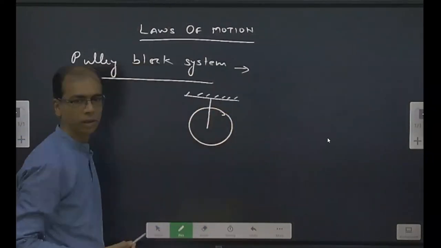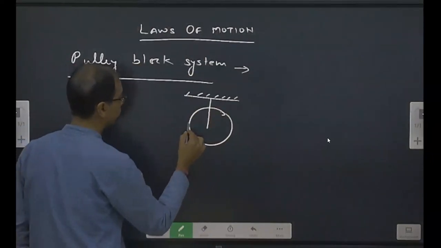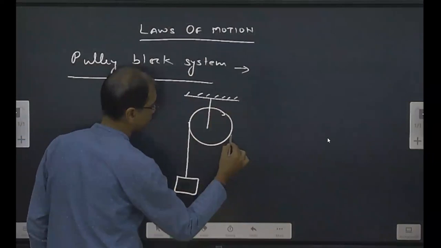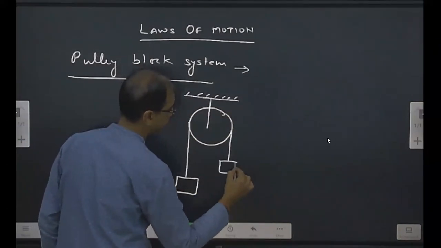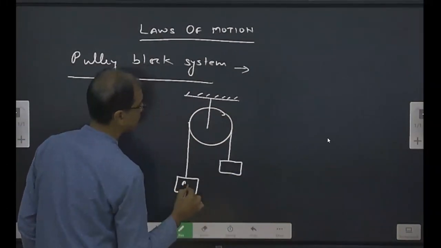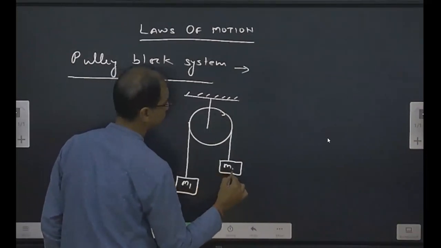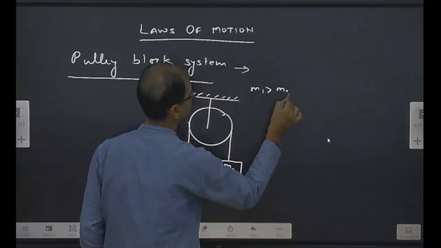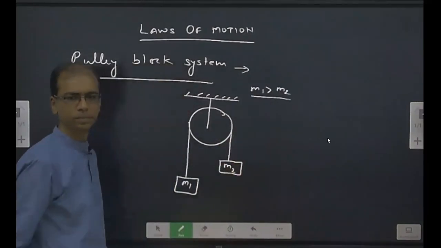The pulley is not going anywhere. On the two sides, two blocks are there. This is block 1 and here is block 2. Its mass is m1, its mass is m2. Let's assume m1 is greater than m2. And this is the system.